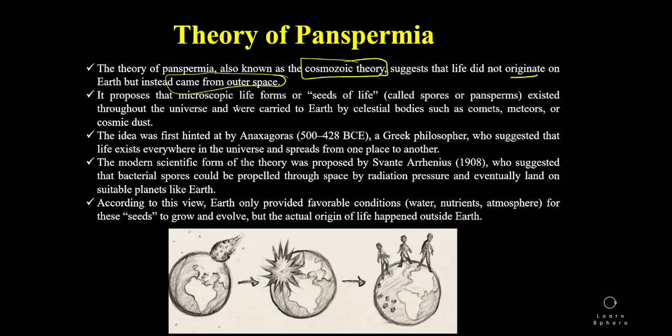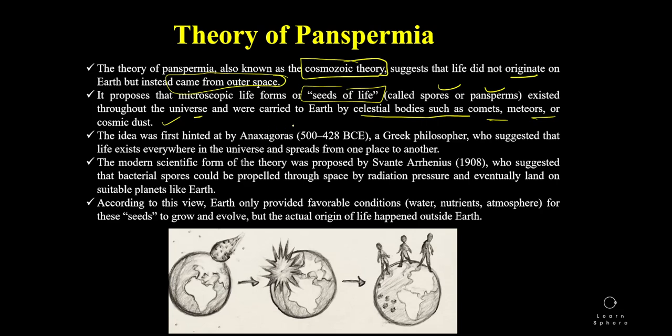According to this theory, small microscopic life forms, or the seeds of life called spores or panspermia, existing throughout the universe and were carried to Earth by celestial bodies such as comets, meteors, or cosmic dust.